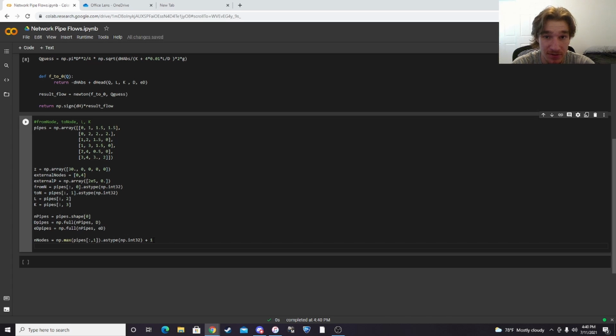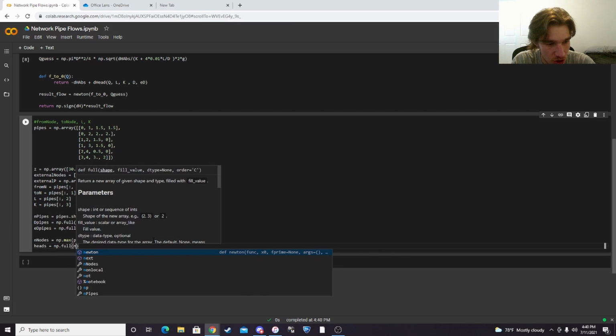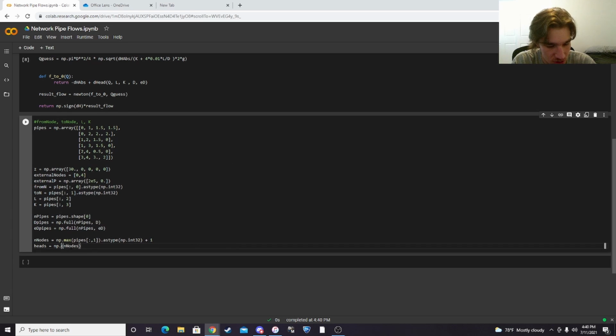All right, now we are going to want to get a list of heads, right? And we can find the head at both of the external nodes because we have the pressure and the altitude. So we want to create an array of this. We're going to do np.full, n nodes, and we want it all to be 0. The best way to do that, instead of doing full, is to just do zeros.